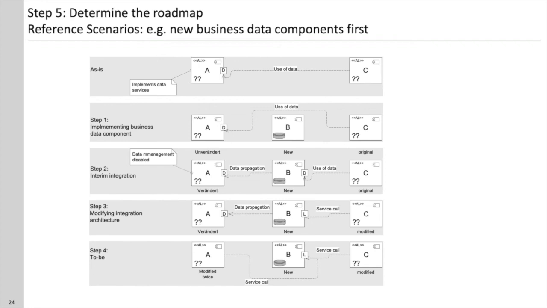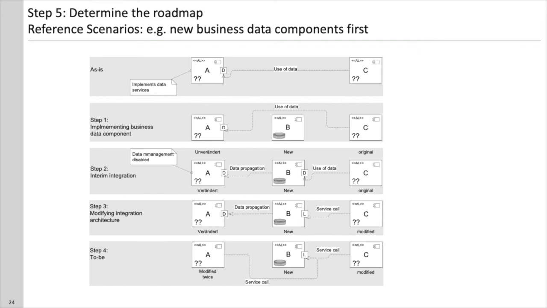And this is what we very often call a reference scenario. And here's a reference scenario for building up a new business data component as a centralization measure, for example.